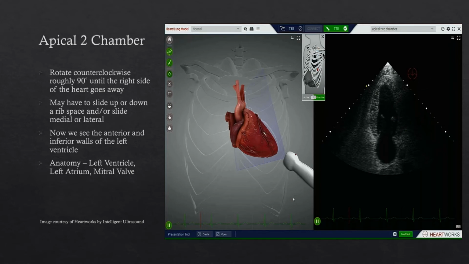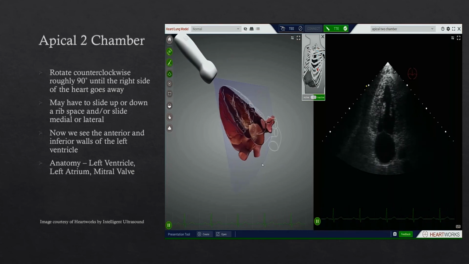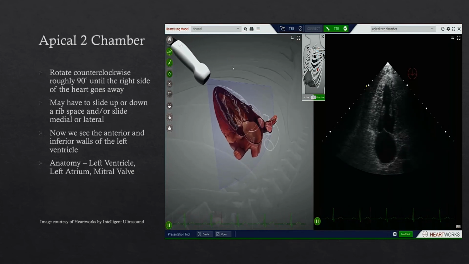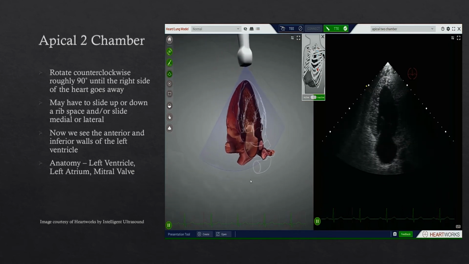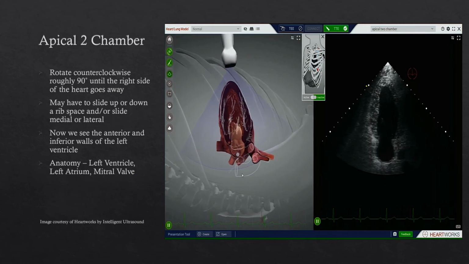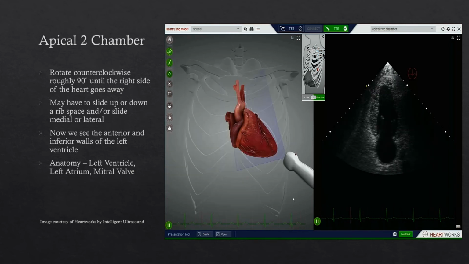This will give us a good idea when we see this playing live here. There we go.